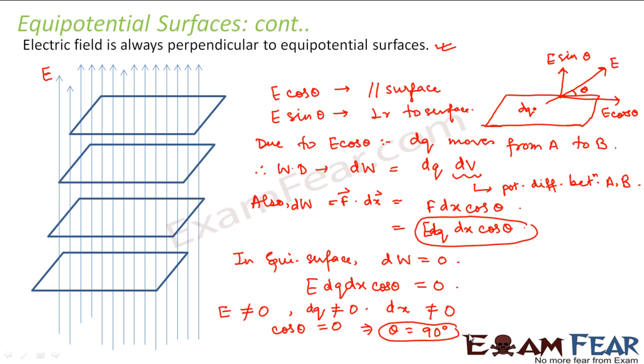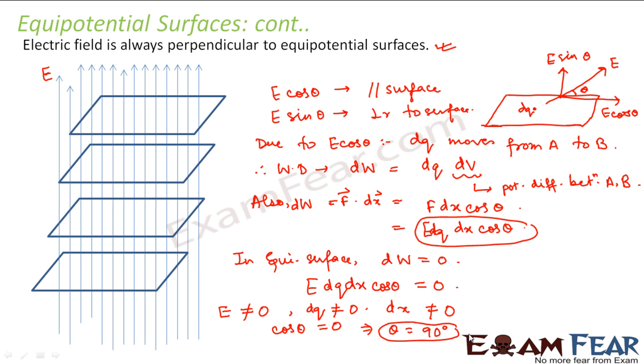What did we do here? We assumed that the electric field makes some angle theta with the equipotential surface. So we resolved it into its components E cos theta and E sin theta. Due to E cos theta, there will be some kind of movement of the charged particle on the surface along the horizontal direction.